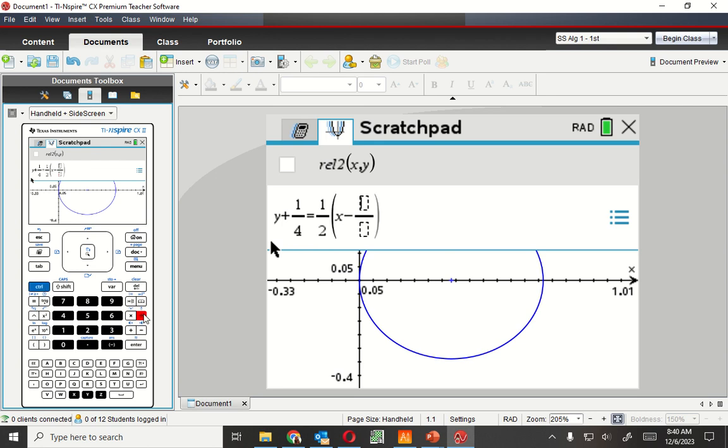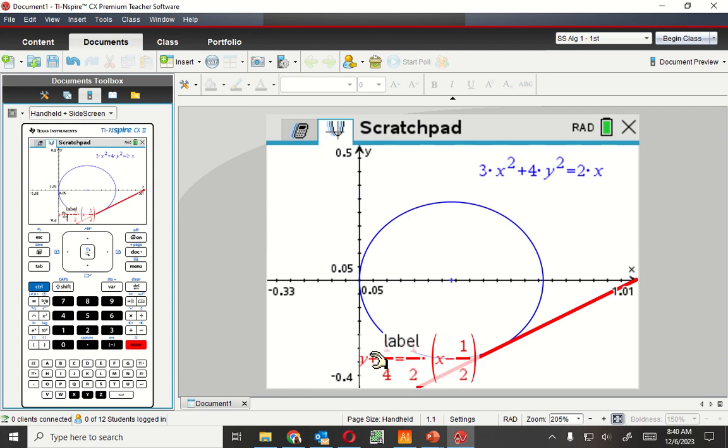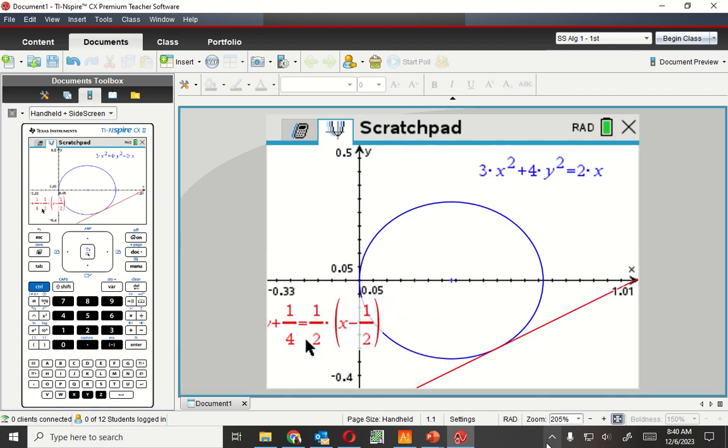And that was 1/2, wasn't it? So again, these calculators are super smart. You could put it in any format and it will graph it for you. So there it is. It is touching it at this point right here.